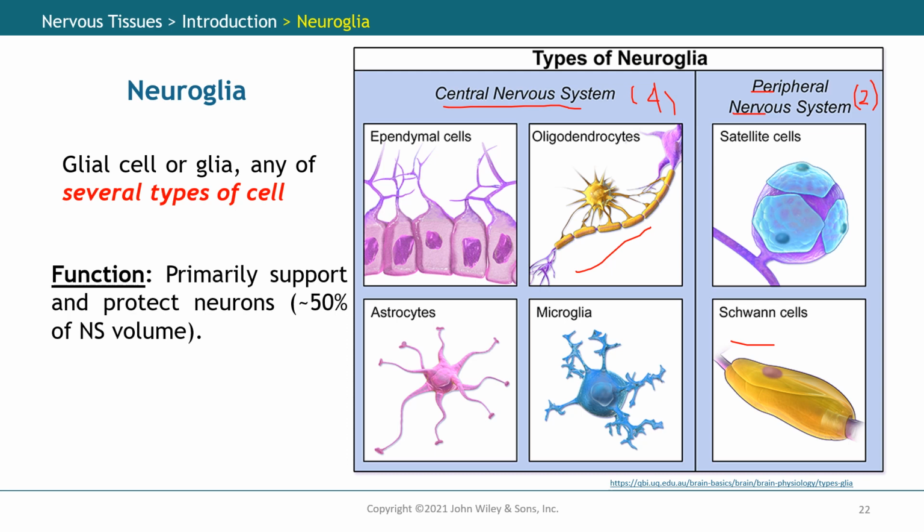And as I said before, they represent almost 50% of the volume of the nervous system, and they are capable of mitosis if they get damaged. Okay, so now I'm going to show you some more pictures and some of the functions.